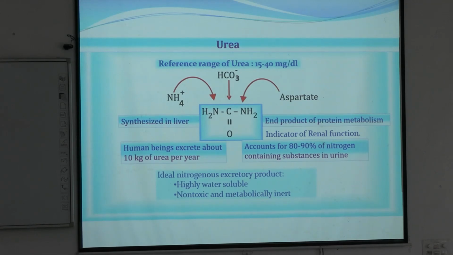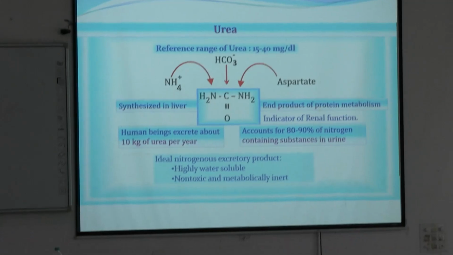Urea is synthesized in the liver. You all know the urea cycle occurs only in the liver, and we will learn why. It is the end product of protein metabolism. All these are very easy points as it seems now, but in your exam if asked, you always fumble.